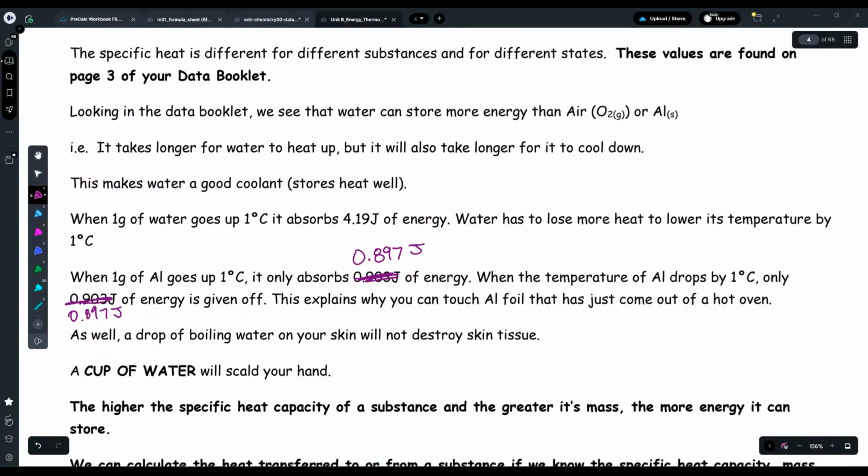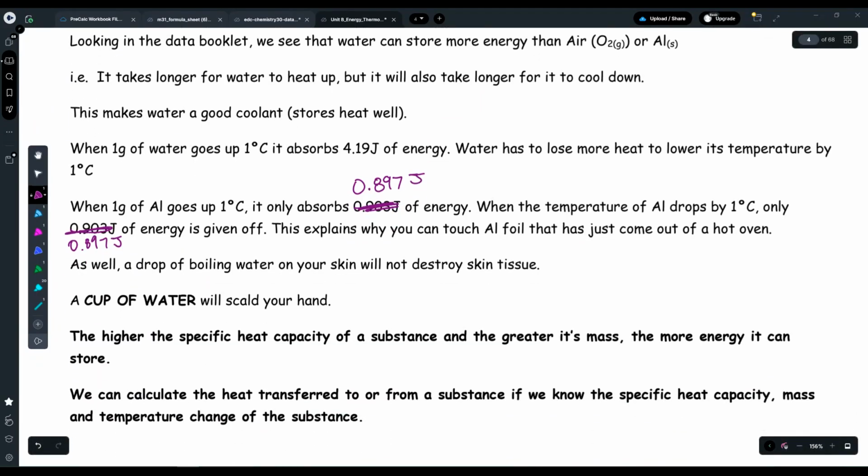Okay, so when the temperature of aluminum drops by 1 degree Celsius, only 0.897 joules of energy is given up. This explains why you can touch aluminum foil that has just come out hot out of the oven. As well, a drop of boiling water on your skin is not going to destroy your skin tissue, so it's not going to transfer a whole lot of heat to your skin tissue because there's not a whole lot of mass to that drop of water.